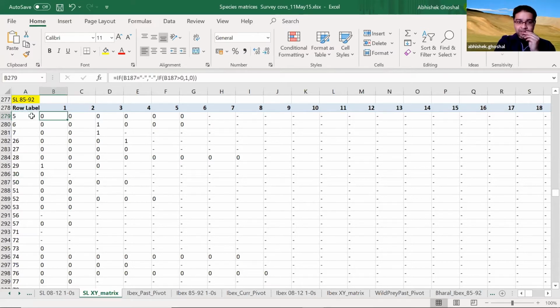And here, as you can see, there were grids where nobody had seen a snow leopard. There are grids where some people did not see and some of them did see a snow leopard. And we also had grids where we did not have any replicate.